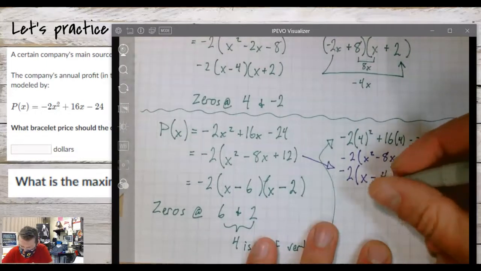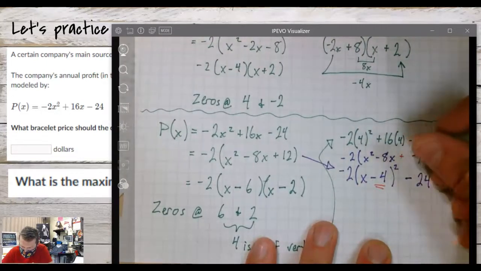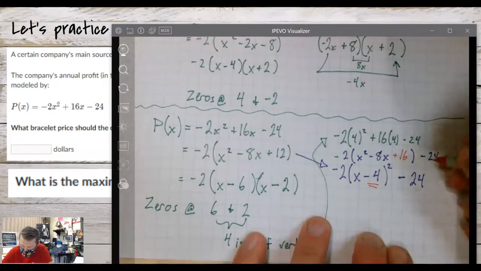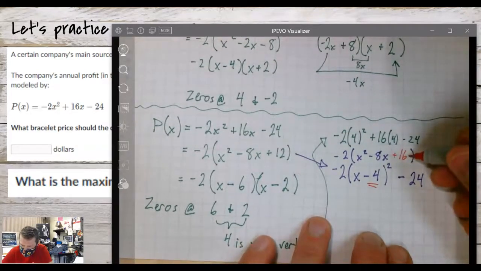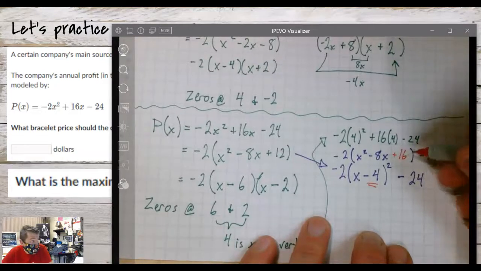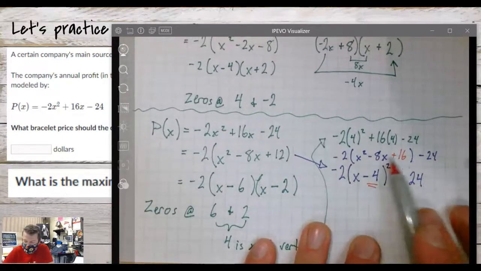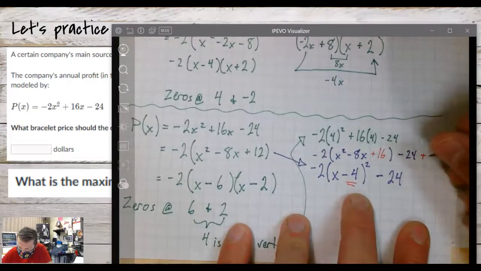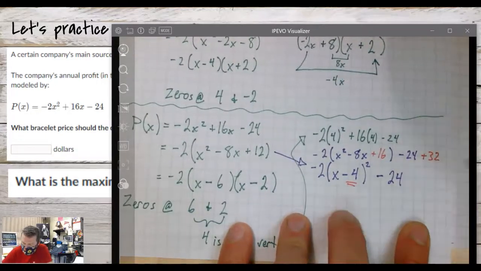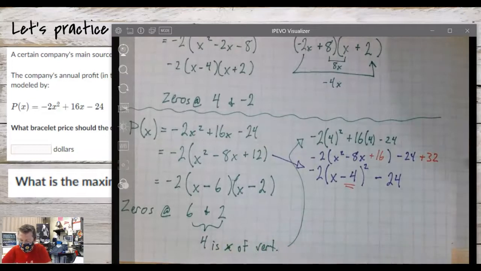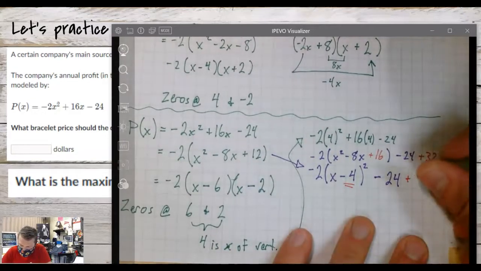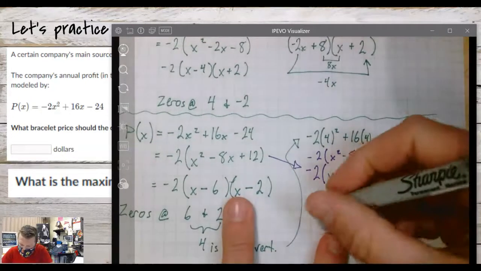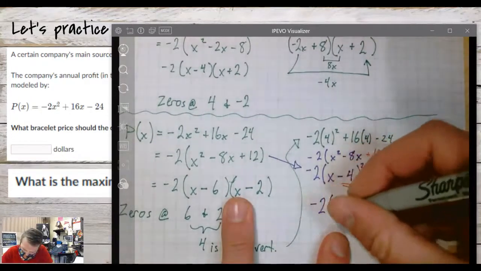If this is true, then this will be a 16. So if I add 16 in here, that was actually a negative 32. So we add 32. Negative 2.